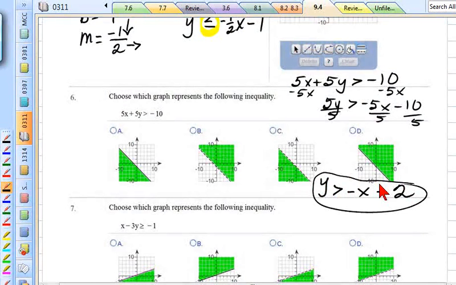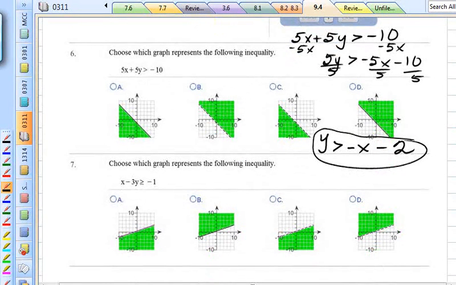Will it be a dotted or a solid line? It will be dotted. Now, those of you in the classroom might be having trouble reading from your distance, but choice A is a solid line, so it can't be right. Choice D is a solid line, so it can't be right. Now, it's a greater than.